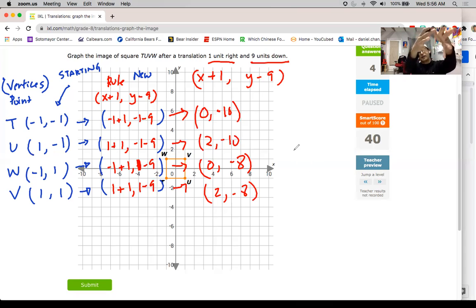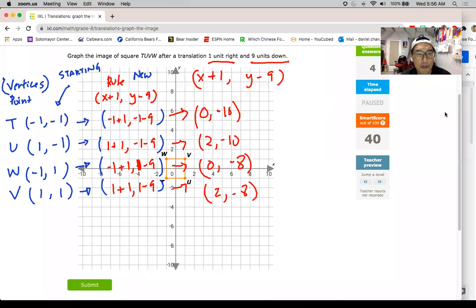And all this that you see on the screen right now is absolutely what you should do in your notebook to keep everything straight. So here we go. Let's plot these new points. I'm going to try and keep this up.